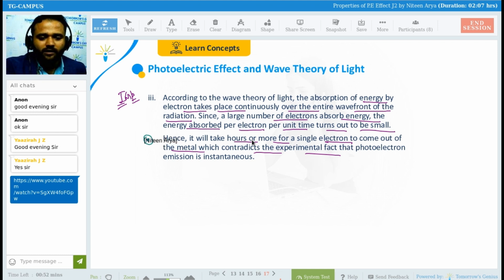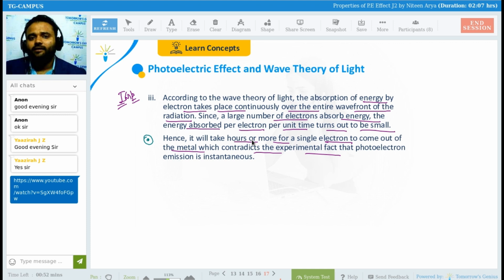So if we take the wave nature, giving the energy in the form of a wavefront, a single electron can take hours or more just to get emitted. If that is the case, there is no such thing as the PE effect being instantaneous. But with the help of a diagram, with this video, you can also visualize the PE effect.